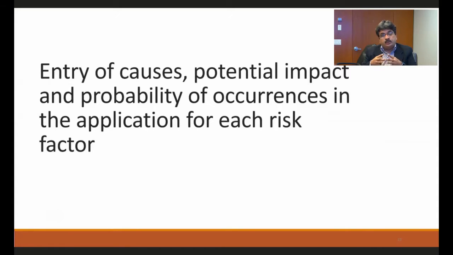So this year in the new application, we have added three more fields where you have to select the causes which are causing that risk to happen. You have to select the potential impact of that risk, and you also have to select the probability of that risk happening.